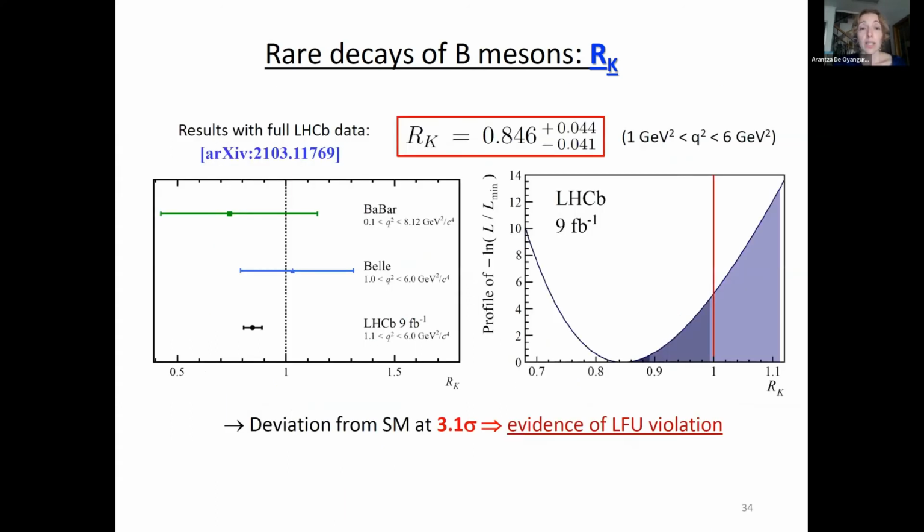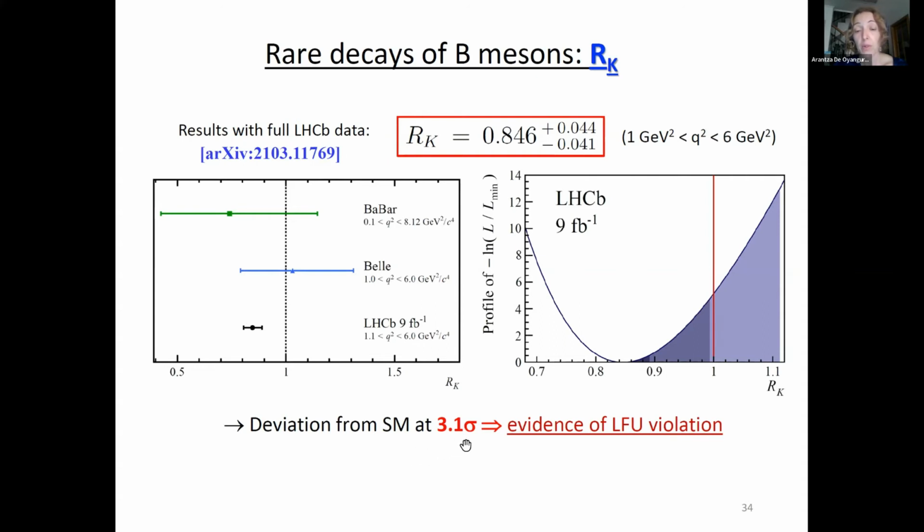Okay, so the most important thing about this analysis is that if you do this ratio, what was observed with just 3 inverse femtobarn at the very beginning of Run 2, and has now been measured by LHCb with the full statistics, is a deviation from the standard model in this ratio, which is 3.1 sigma.